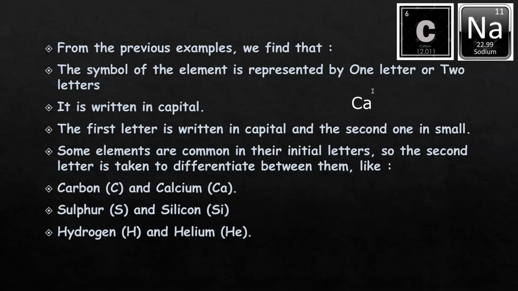I can't make both carbon and calcium only C. We add this second letter to make it easier to differentiate between elements, like sulfur and silicon, S and Si, or hydrogen and helium, H and He.